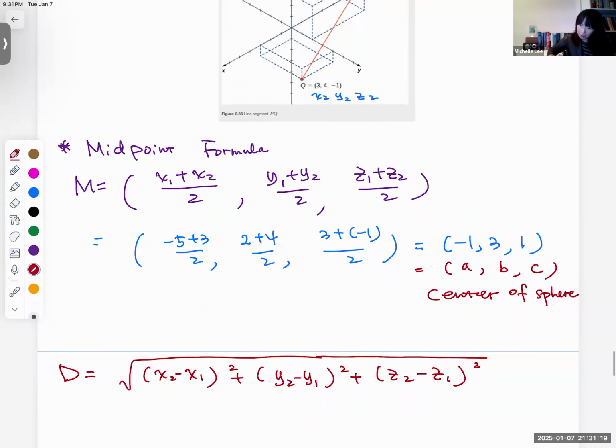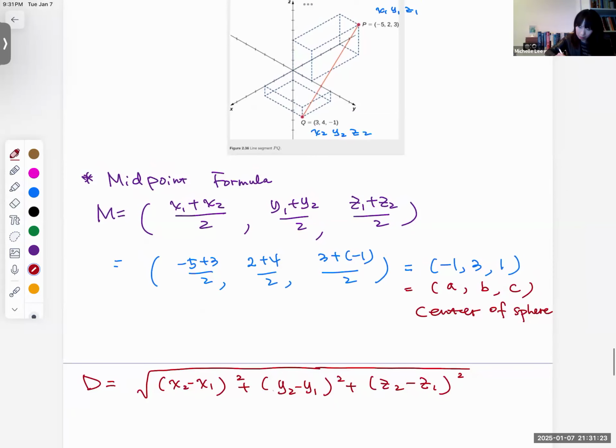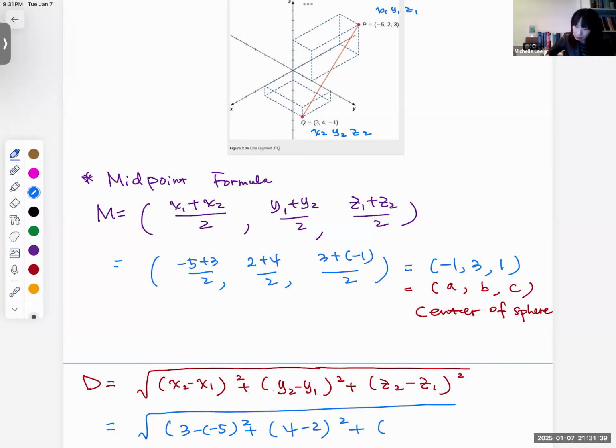Okay, so I need the numbers. 3 minus -5 squared plus 4 minus 2 squared plus -1 minus 3 quantity squared, right? So that is the square root of 84.